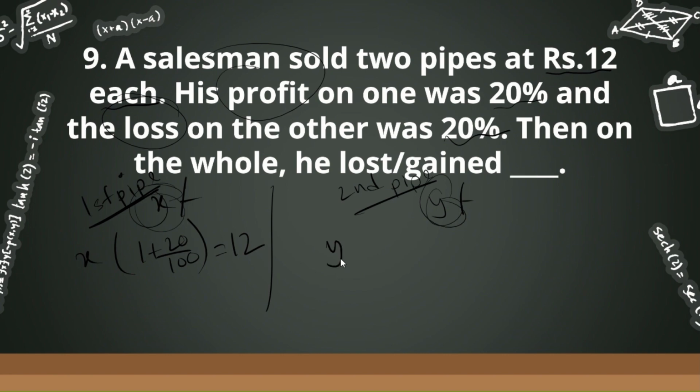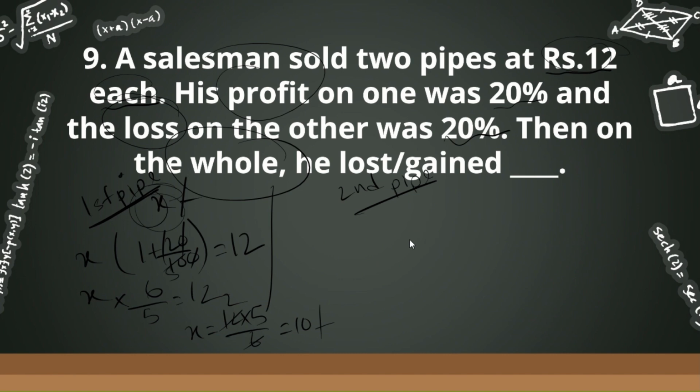So X times 6 by 5 equals 12, so X should become 12 into 5 by 6, which is 10 rupees, the cost before adding the profit.